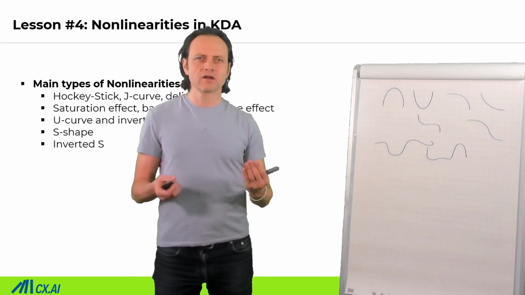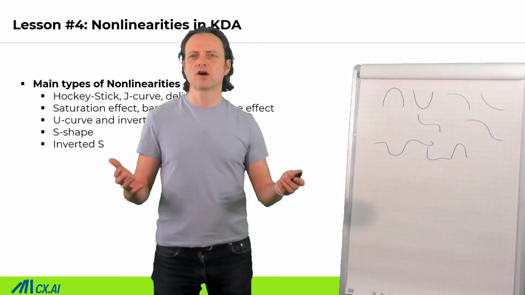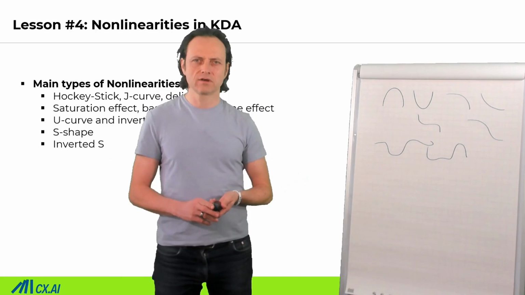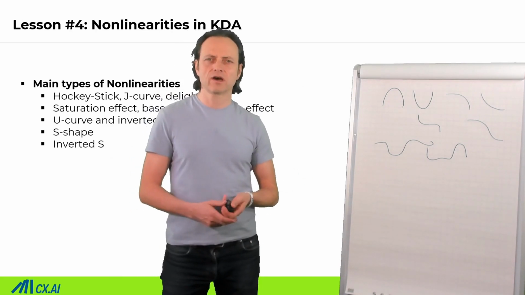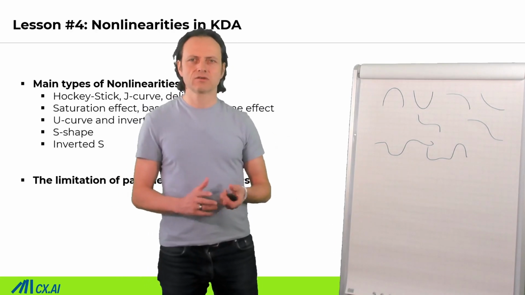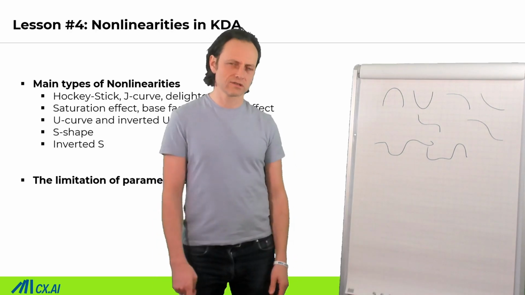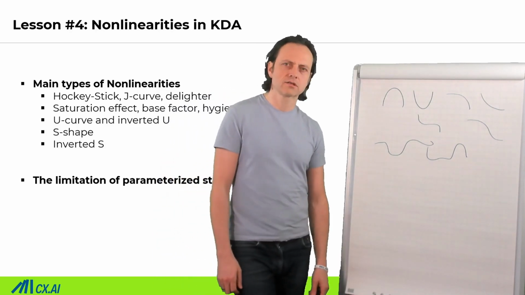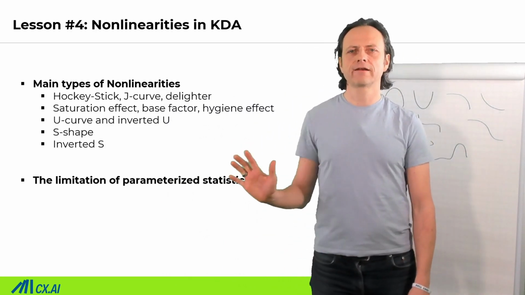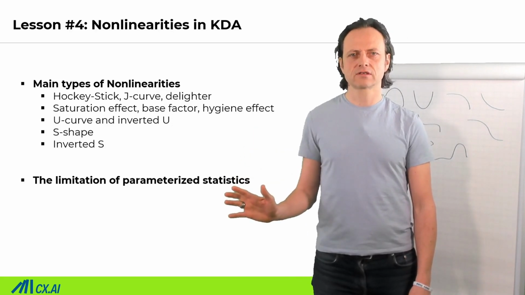So there are lots of different types of nonlinearities, and the big question is always, how do I know what kind of nonlinearity we have in play here? Basically the answer is, use a method which finds it out. This is exactly the limit of conventional statistics. When you hear a statistics expert, a modeling expert speak, 95% of the time what they mean is parameterized statistics.